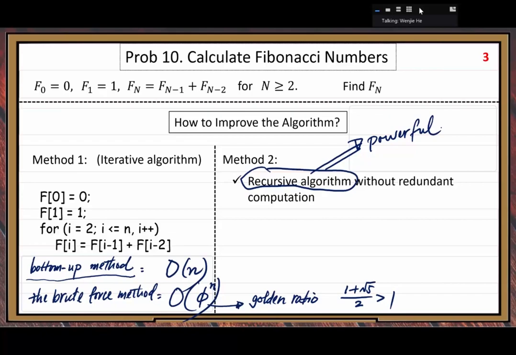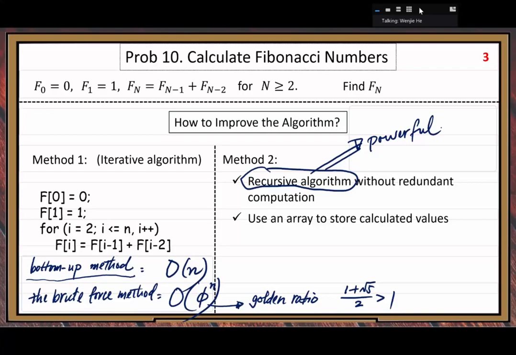So we cannot touch the recursive algorithm usage. We have to keep it, but we need to remove the redundancy. Question: how to do it? The idea: use an array to store calculated values.